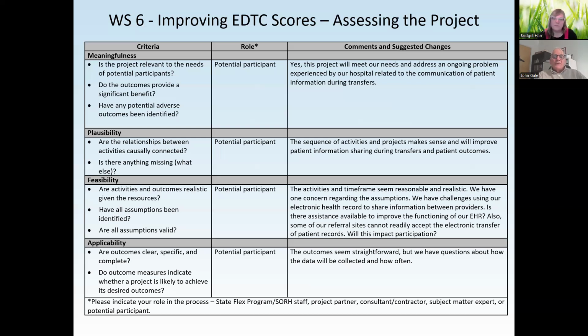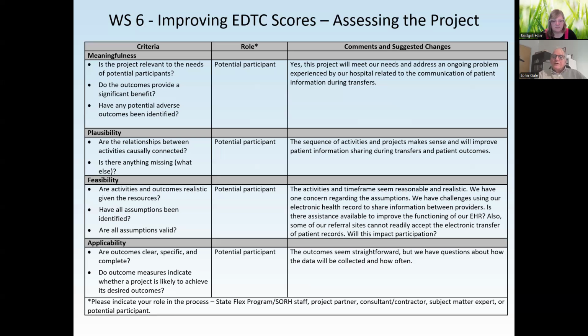Are there relationships between the activities? Are they causally related? Do we expect if we do A, it leads to B, B leads to C? So in this case, improving knowledge leads to greater implementation, leads to better outcomes on the metrics. Are they feasible? Is this something you can do within the timeframes established?